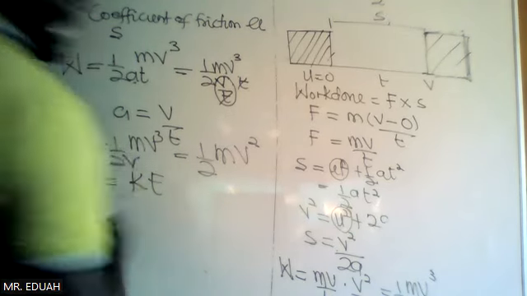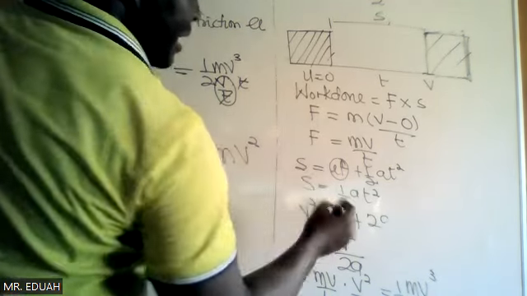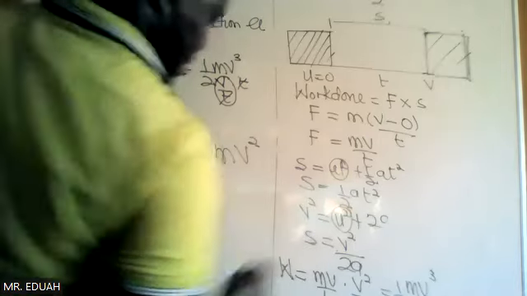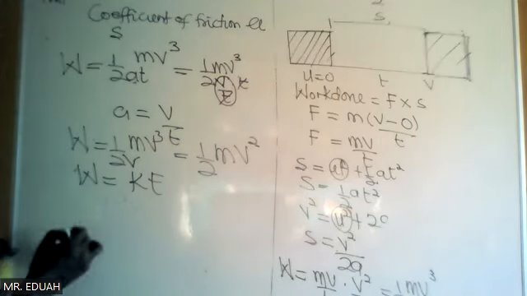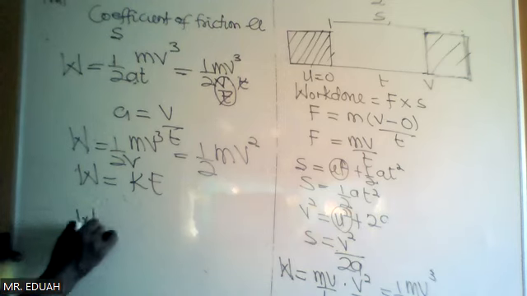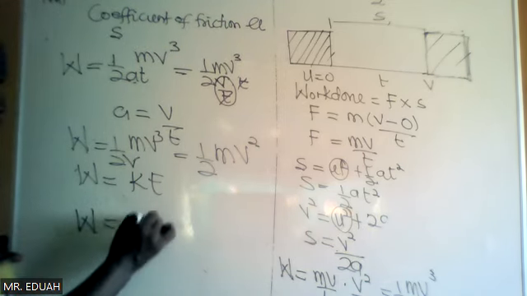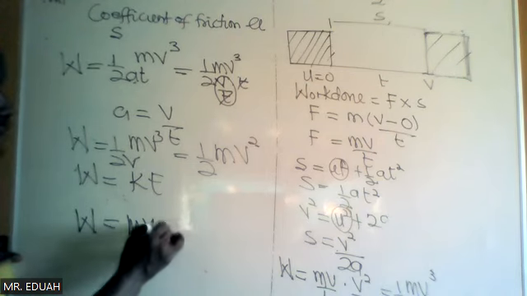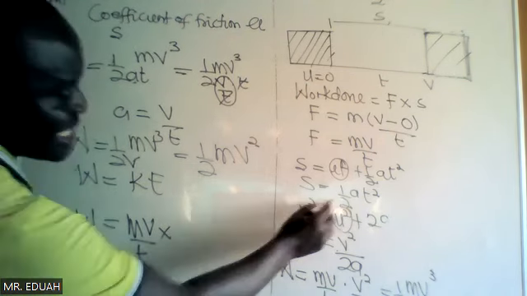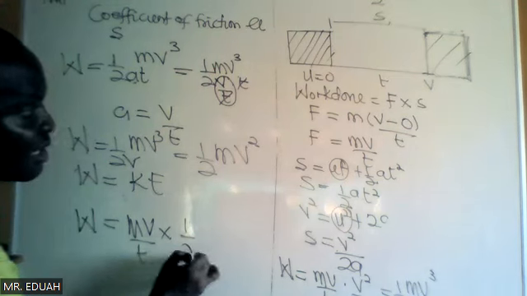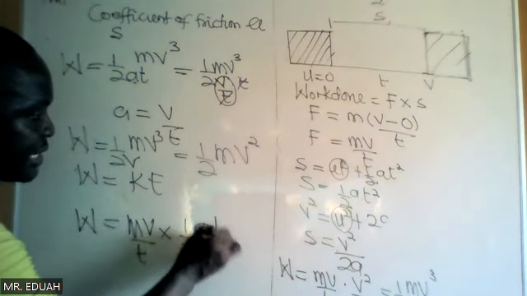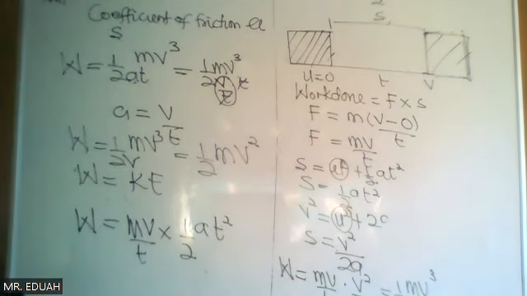So the work done is actually equal to the kinetic energy. If you use s as this, and then you substitute into the same relation, this is what you have. Work is equal to force, which is mv on t, times the distance, which is half a t squared.